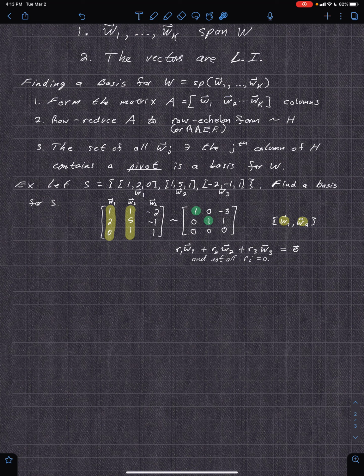Let's look at the next definition. This is definition 2.2, and it's really just how to define dimension. Let W be a subspace of Rn.